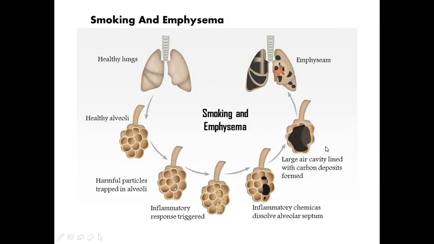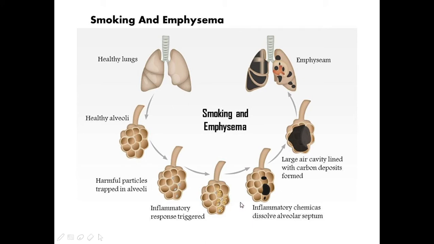Okay, so one of the main causes of emphysema is smoking. So here shows a healthy lung, thus having healthy alveoli with high elasticity and large total surface area. So when a person smokes, the harmful particles are trapped in the alveoli and cause an inflammatory response.